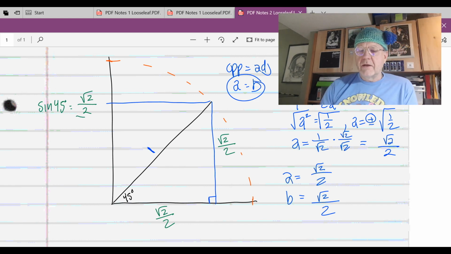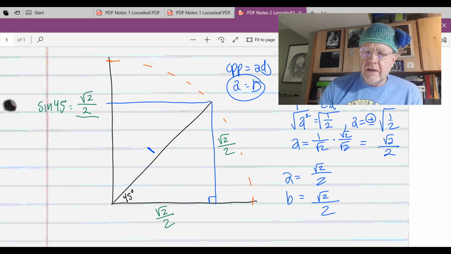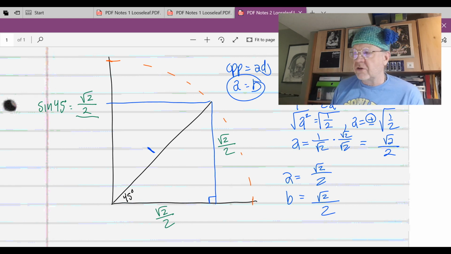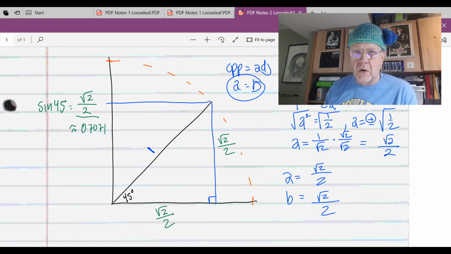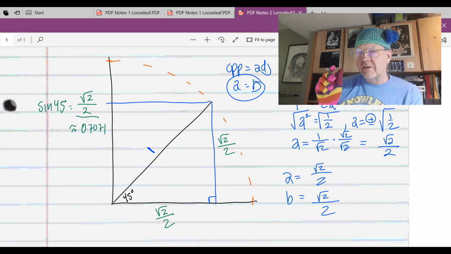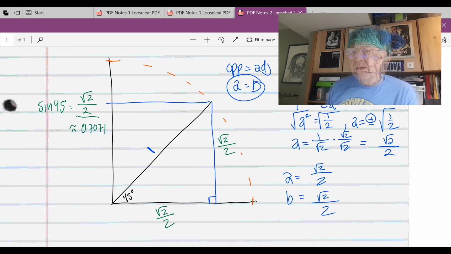Now, what's the difference between this number and the value you get when you plop it into your calculator, I think 0.7071? Are they the same, first of all? Here we have calculated the value of the sine function without anything else. Plop that into your calculator and you get a really, really close answer.